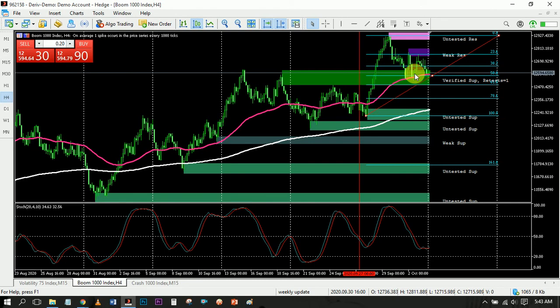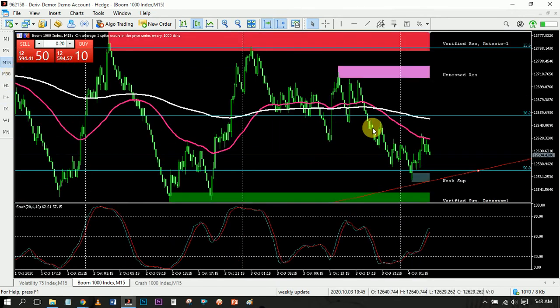So you can see that we are actually sitting on a good support. This support zone, or demand zone, is directly on this 50 level. You can see it's intersecting with the 50 level.